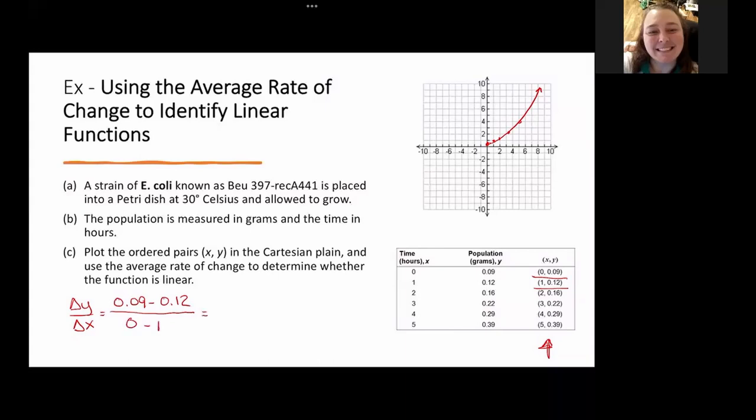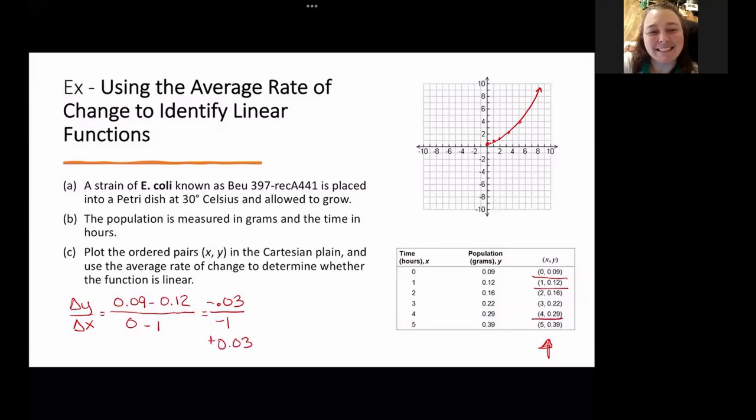What that's going to give us is, let's see, 0.09 minus 0.12. It's going to be 0.03 over a negative 1. So that average rate of change is 0.03.